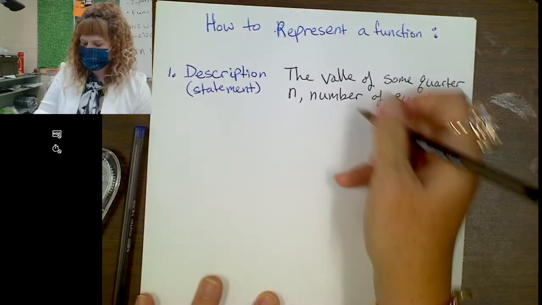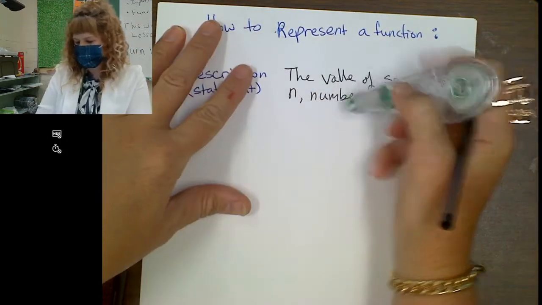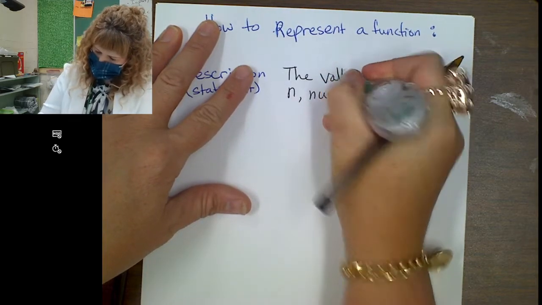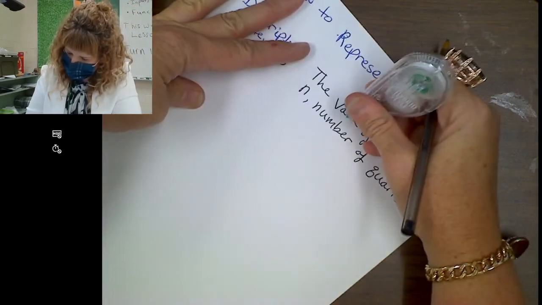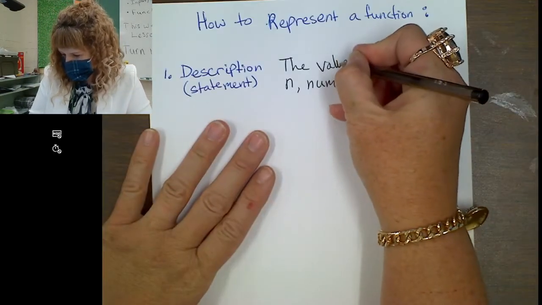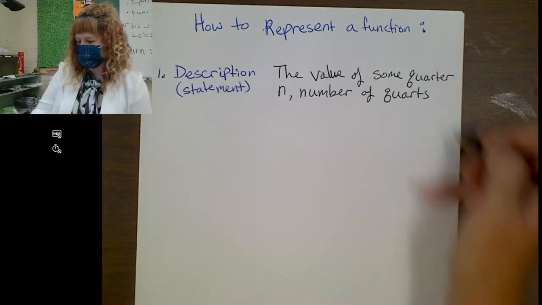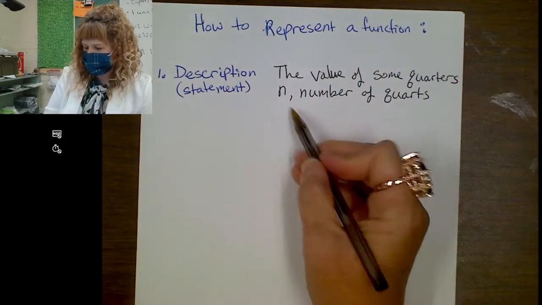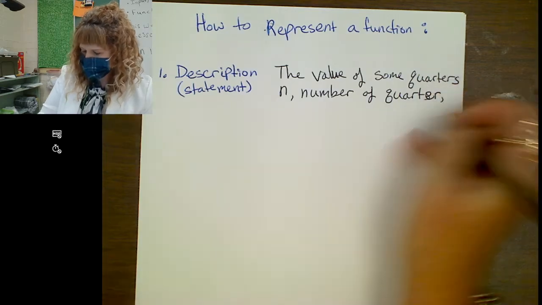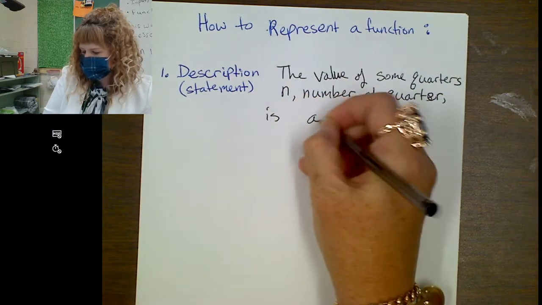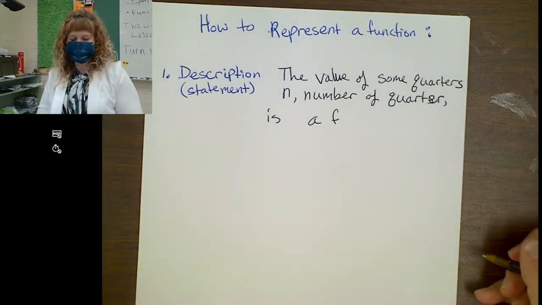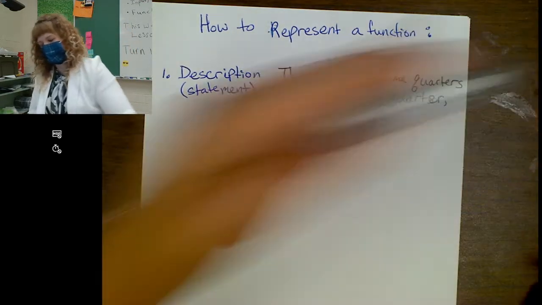The value, oops, I spelled value wrong. Value only has 1 L, and I forgot the U. There, the value of some quarters, n, which is number of quarters, is a function. Oh, I got it wrong. I should stop my notes.